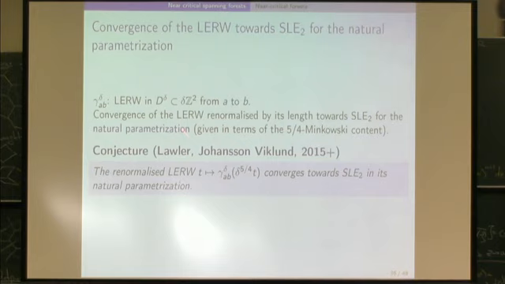It's given in terms of the 5/4 Minkowski content of the curve. So basically what you have to remember is that if you rescale this loop-erased random walk in the good way by its length, then it converges towards something. I didn't mention it, but it's a result that should be proved by Lawler and Viklund soon, and we will rely on this result for the construction of our continuum model.